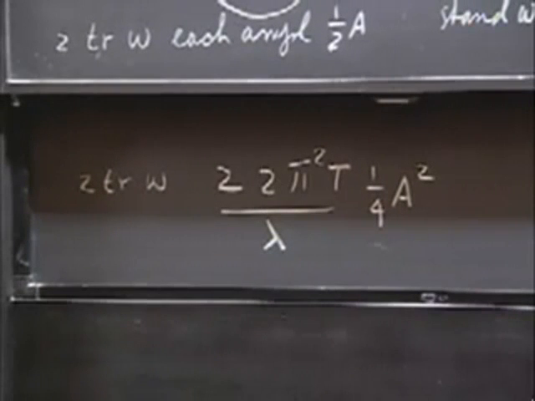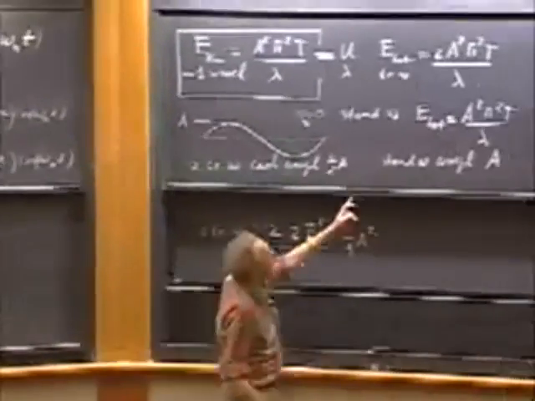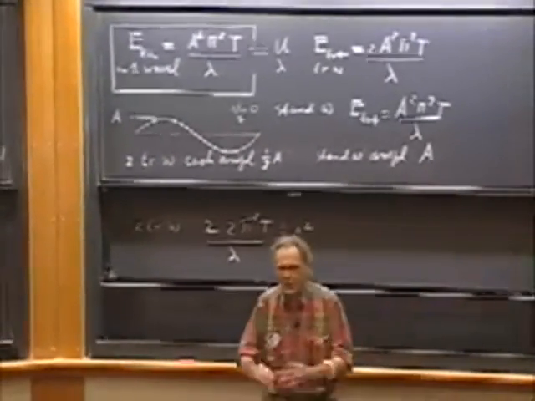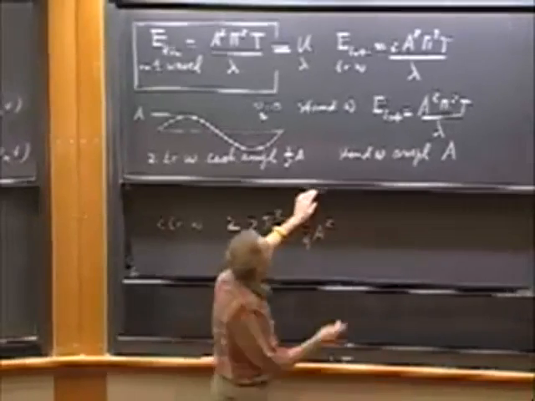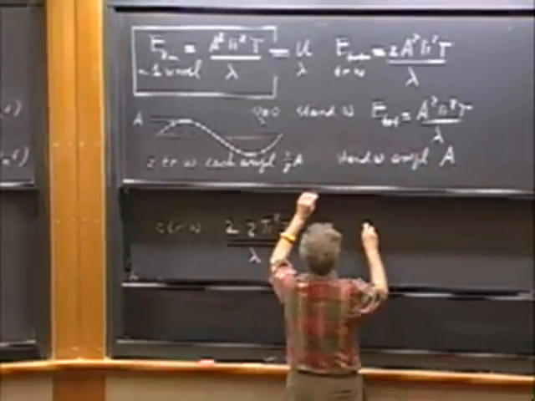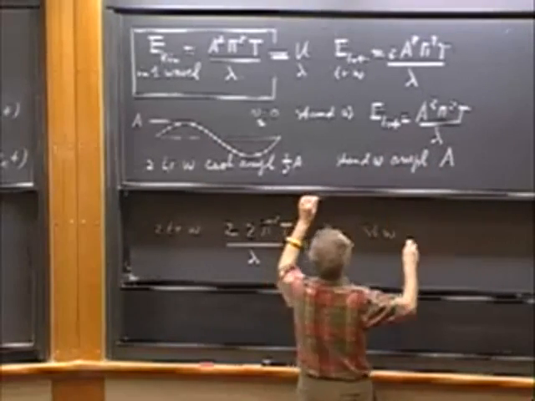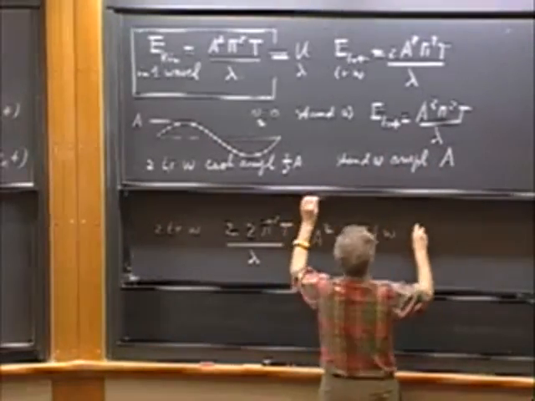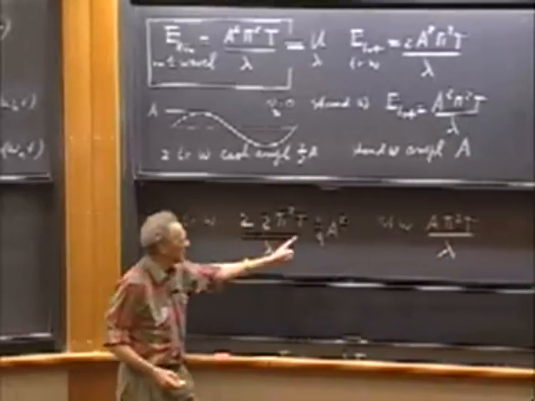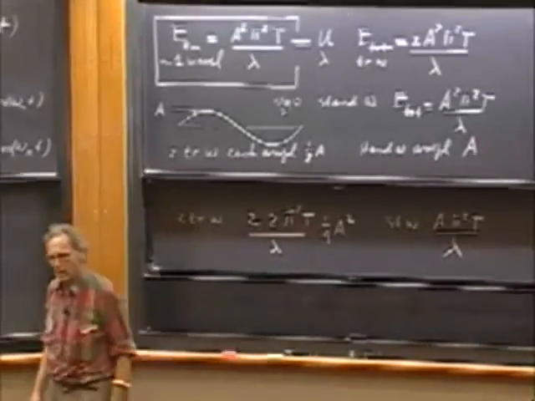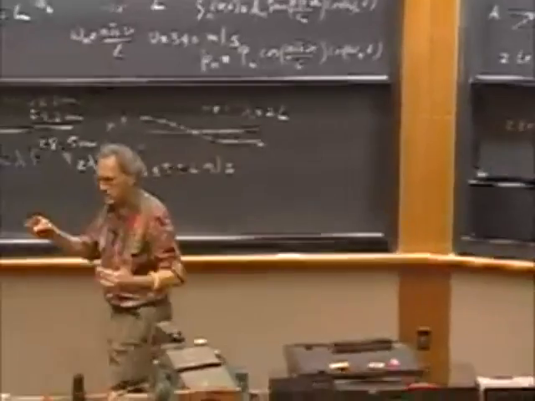Do we agree? What is the energy in one standing wave with an amplitude A? Well, we have the answer here. In a standing wave, all the energy must be A pi squared t divided by lambda. Look at it. They are the same. This 2 and this 2 and this 4 eat each other up. So you see the consistency.